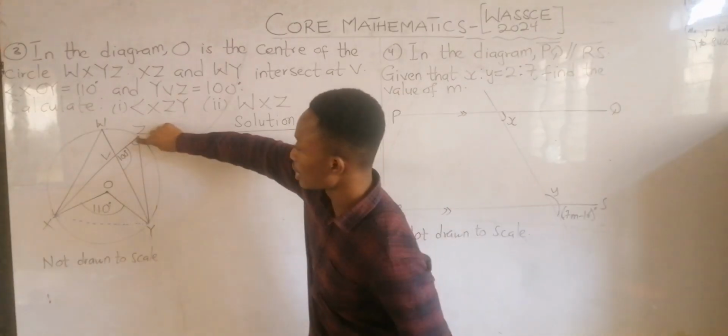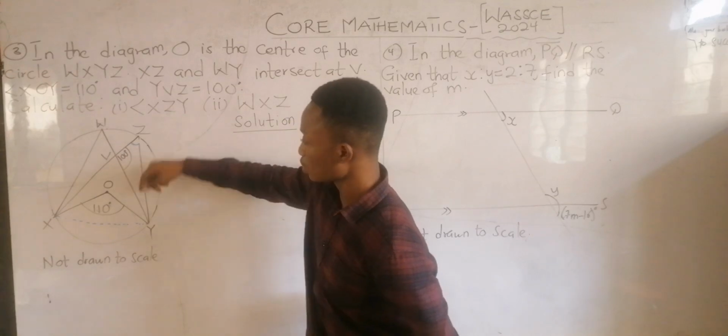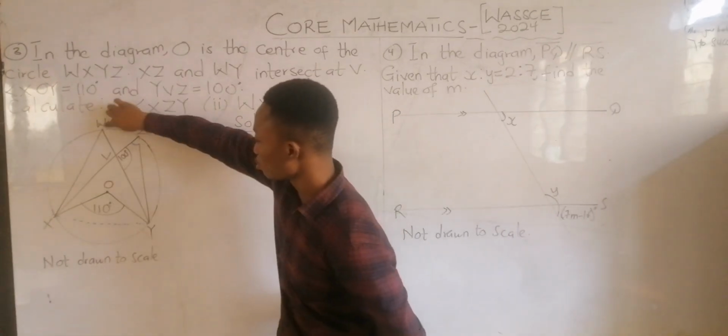So it means that whatever we get for WXZ is also equal to XWY.